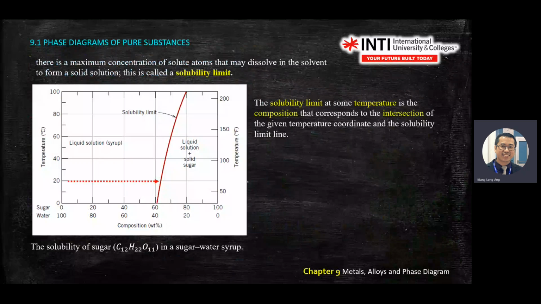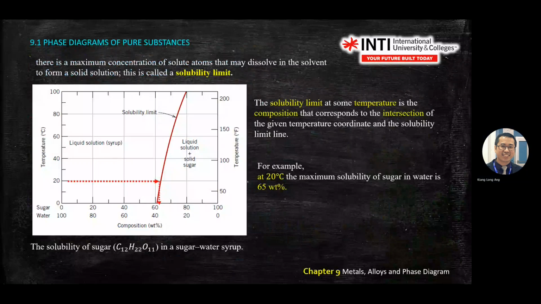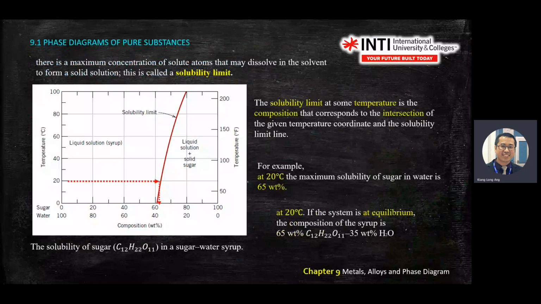At 20 degrees C, the solubility limit is reached at the maximum, about 60 plus percent, about 65%. To me it's more like 63, about 65. So it tells you that at 20 degrees C, referring to the solubility limit line, you can get a solution with 65 or 63% sugar and water.